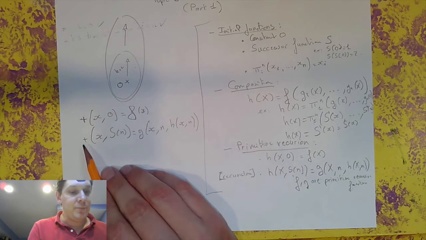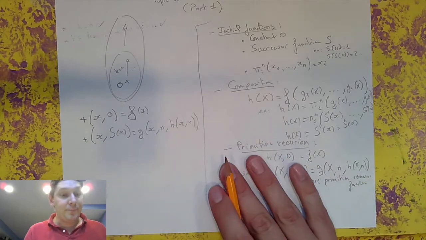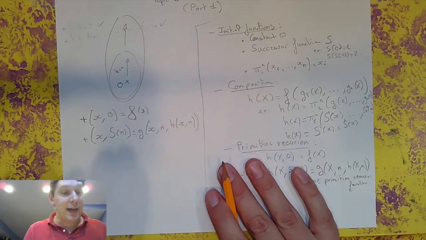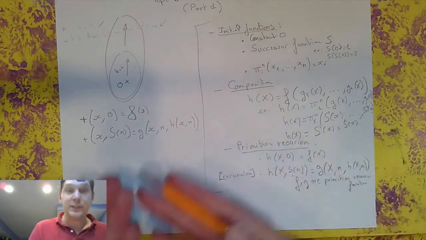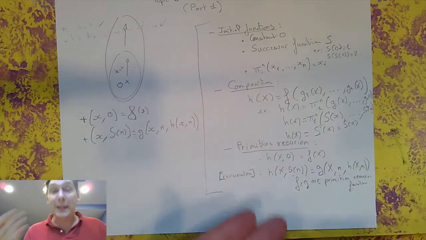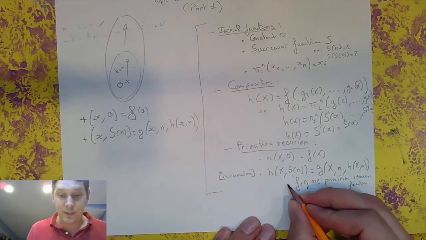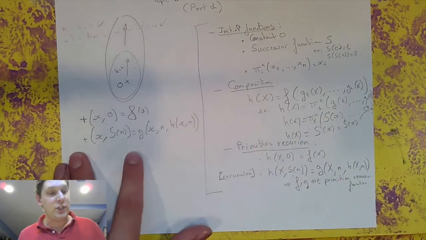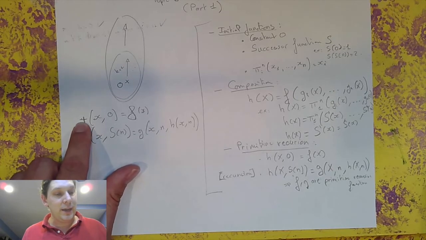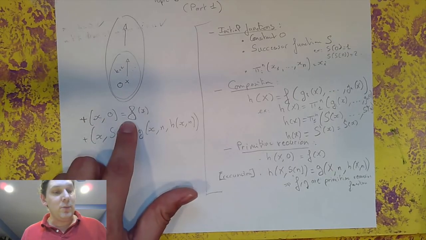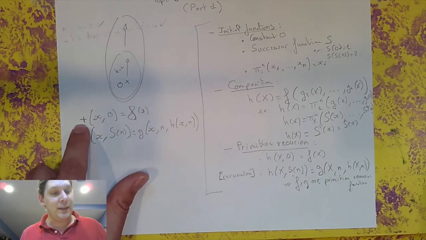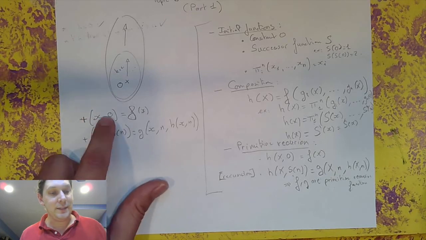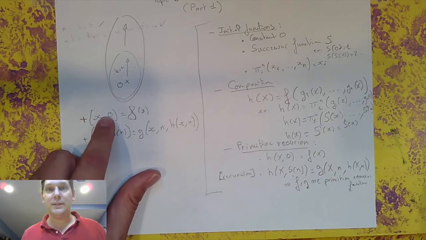So now I need to define f and g for this to make sense and to be completely defined. This is not enough to just say that. What is f and g? Well, what do I mean when I say x plus 0? I apply the addition to x and 0, I'm going to get x.